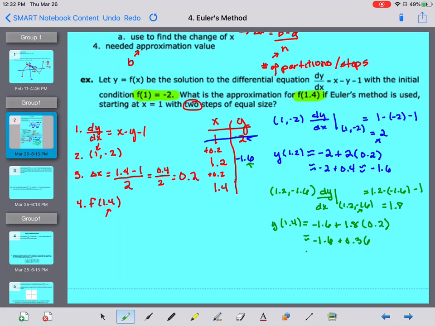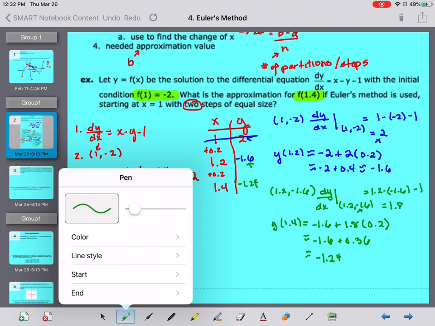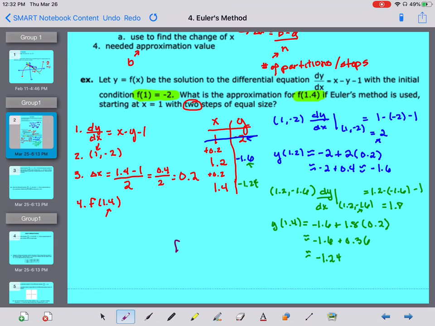And when I calculate that, I get -1.24. So the y value for this x is -1.24. And what that means for us is that our approximation of f of 1.4, which is what we're trying to find, is approximately -1.24. And that's what that process of Euler's method looks like.